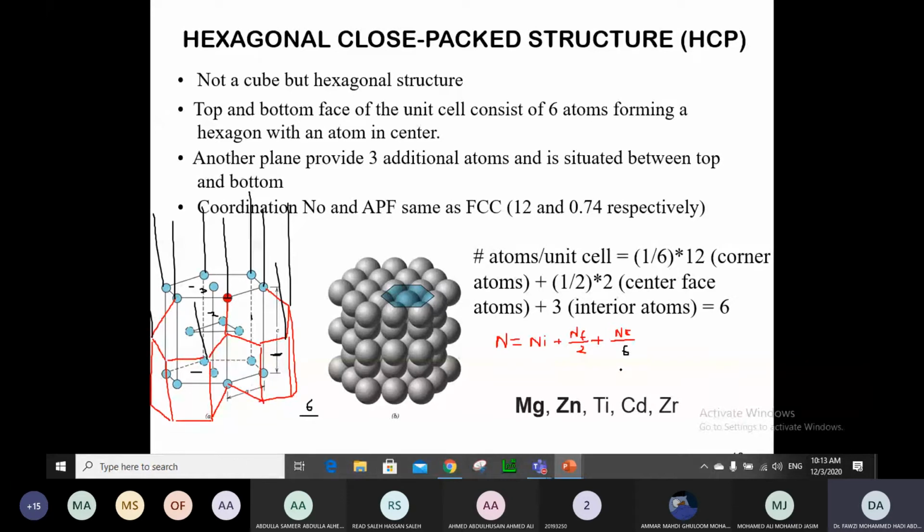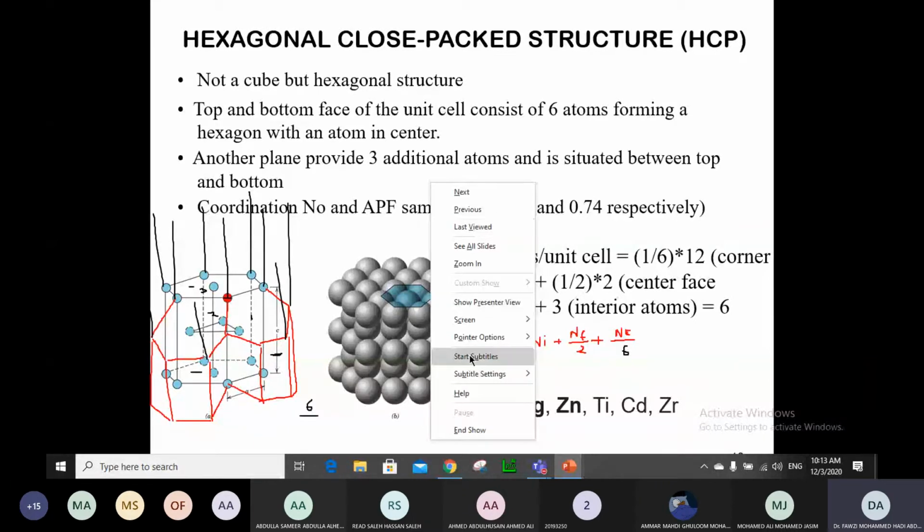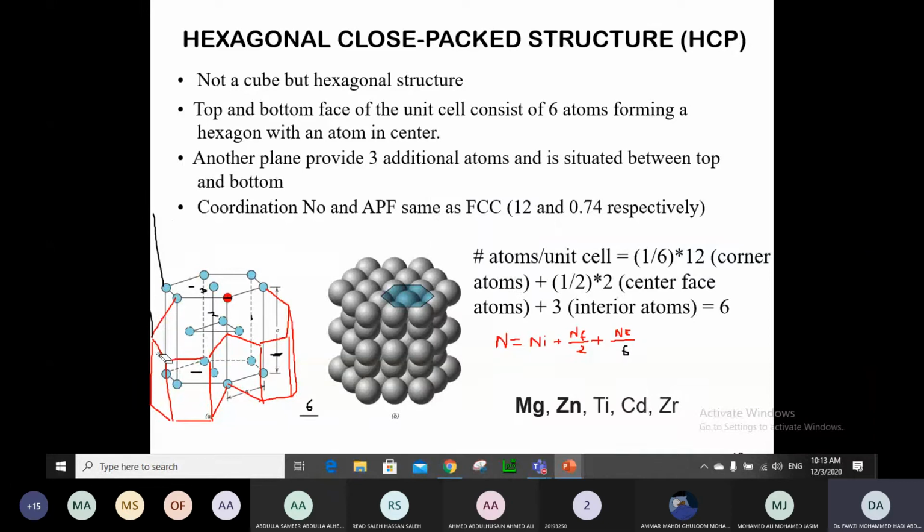So if we want now to calculate the number of atoms per unit cell, what is it equal to? Okay, let me erase all that, so that it will be clear how to do that.